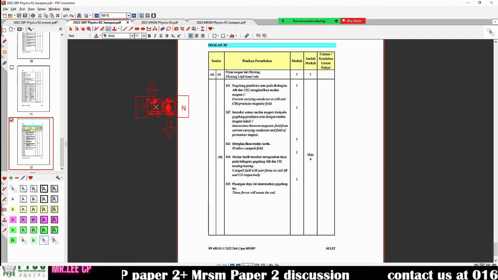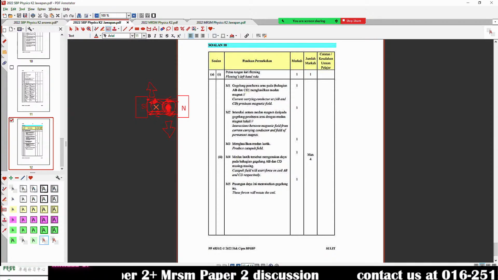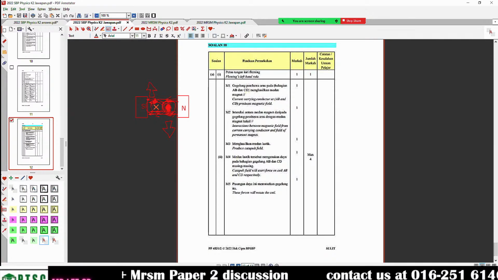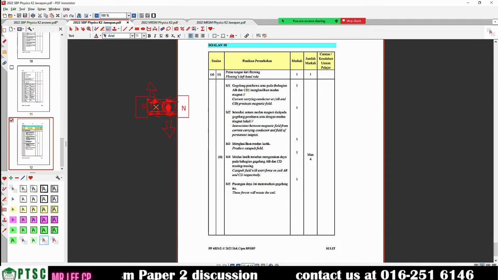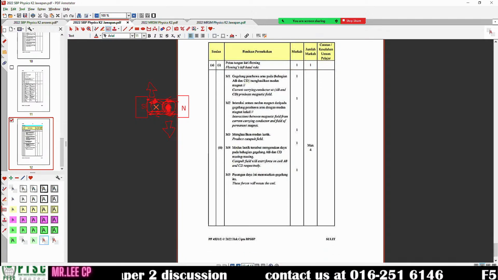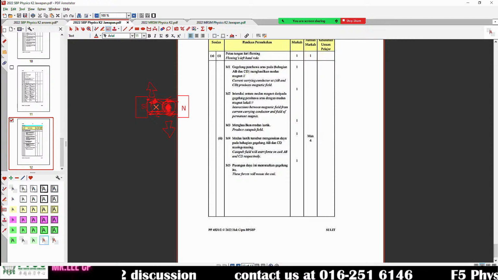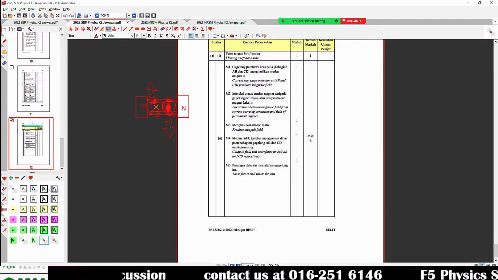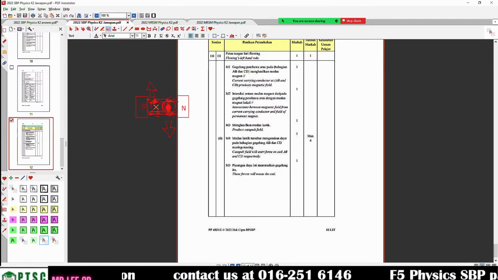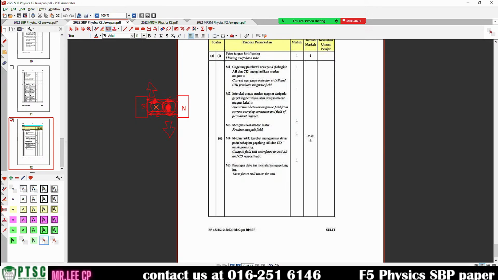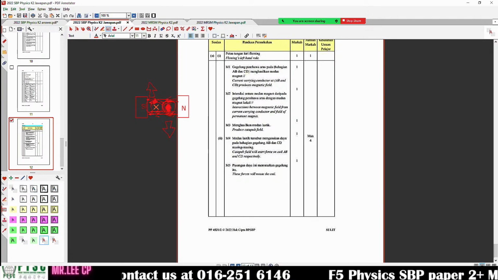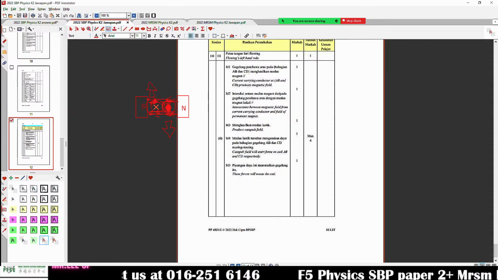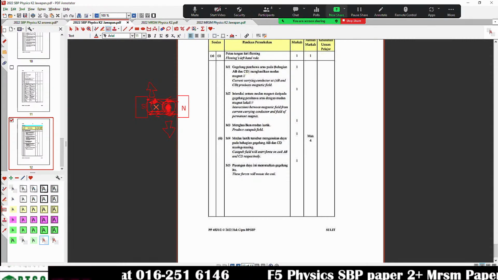Second: interaction between the magnetic field from the current carrying conductor and the permanent magnet, 1 more. Third mark: produces a catapult field. Fourth mark: the catapult field will exert a force on coil AB and CD. Force produced in AB and CD, and then it will continue to rotate. So how many marks do I get?